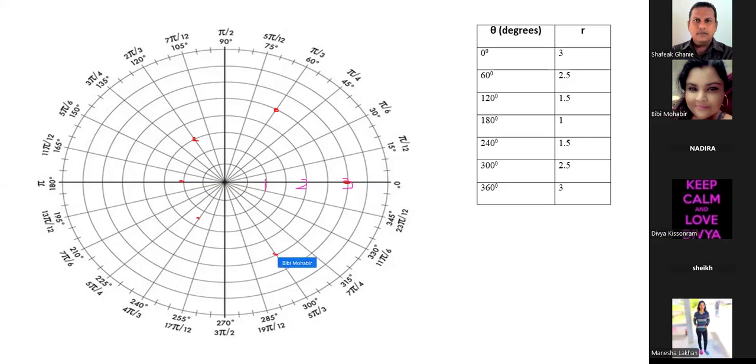And then for 360 degrees, we'll have 3, which is here. So draw. Sorry, I can't draw. It's supposed to be a circle, and then you'll see a slight dent here. Slight dent. And that's how you plot it manually.